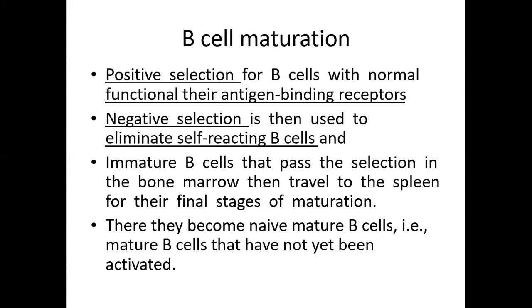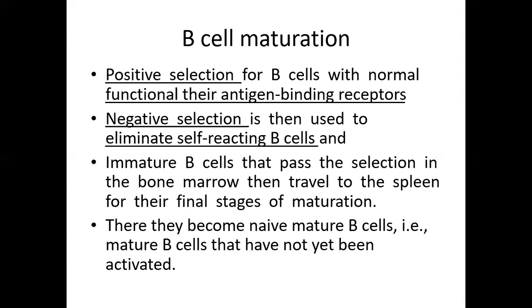As with T cells, B cells also have a step of maturation and a step of selection to not be autoreactive. So in B cell maturation, there are two steps: positive selection and negative selection.